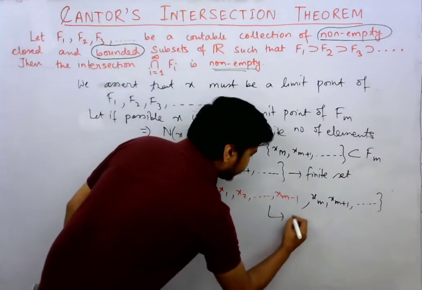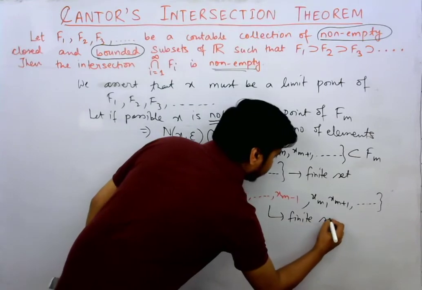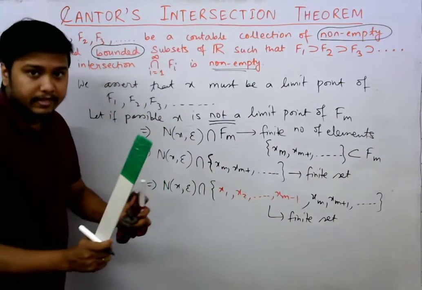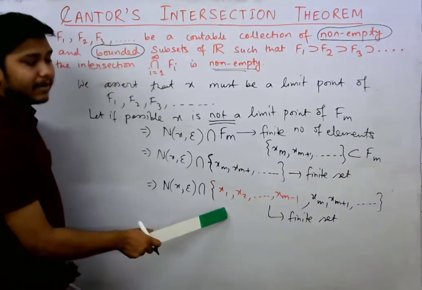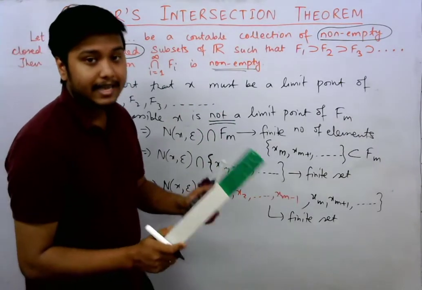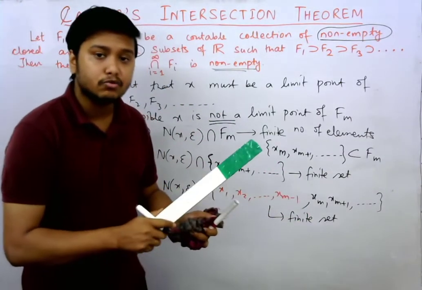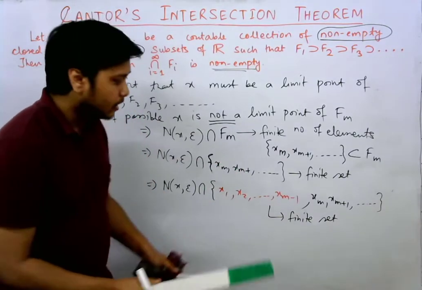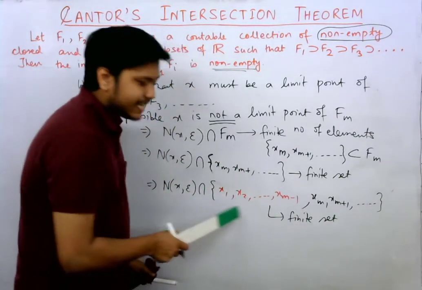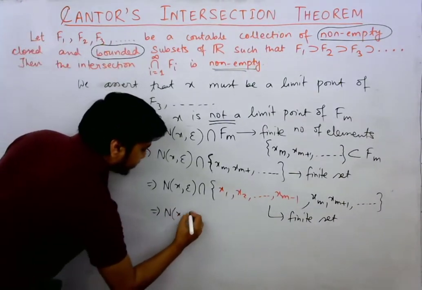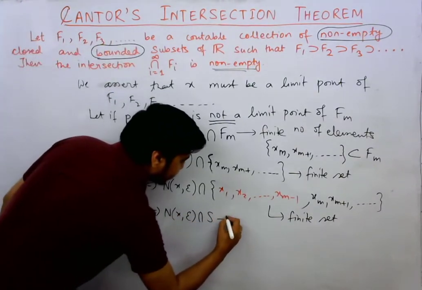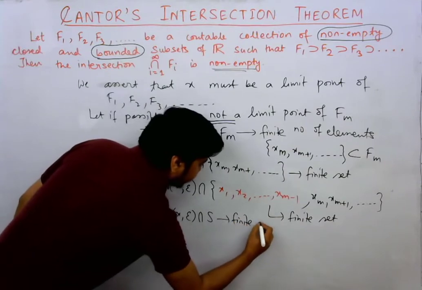So this thing is still a finite set. Now this set that I have formed is basically my capital S set. My capital S set was x1, x2, dot dot dot, going on infinitely. So I have got my capital S set over here. So basically I have got that the intersection of the neighborhood of x with S is a finite set.